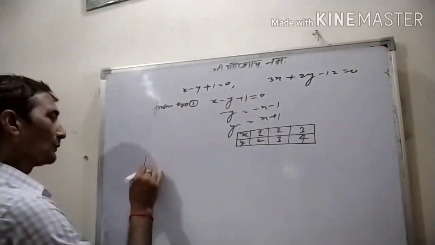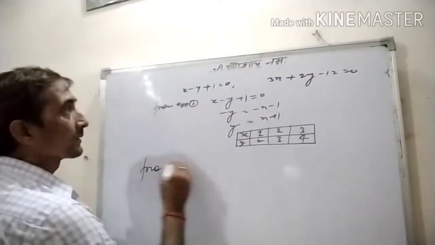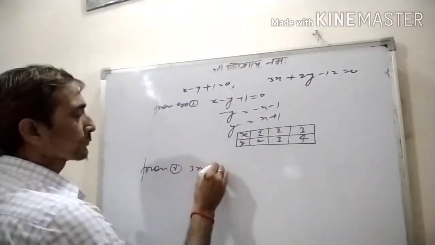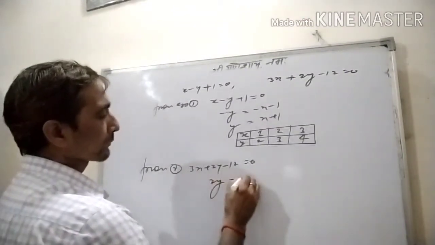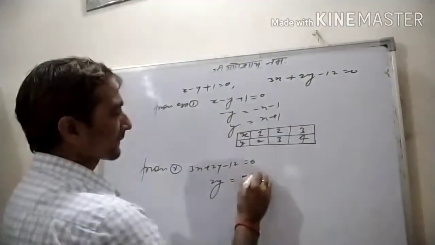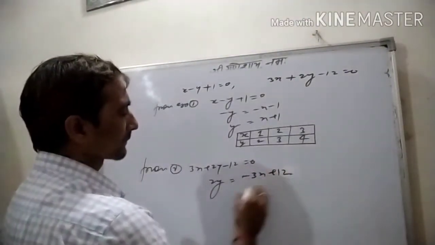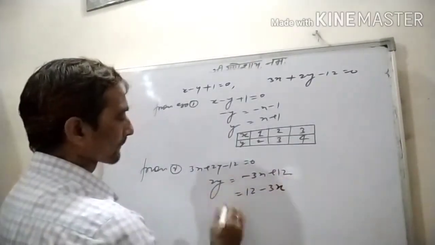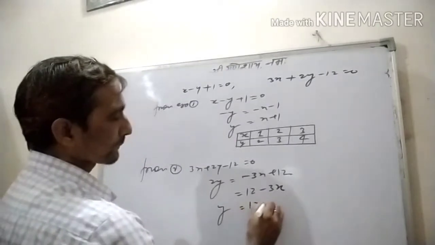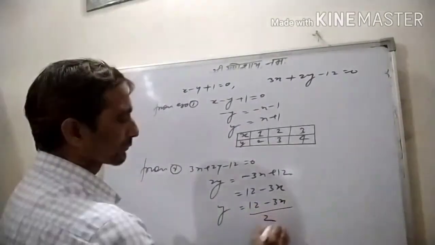From equation 2: 3x plus 2y minus 12 equal to 0, 2y equal to minus 3x plus 12. This can be written in this form: y is equal to (12 minus 3x) by 2.